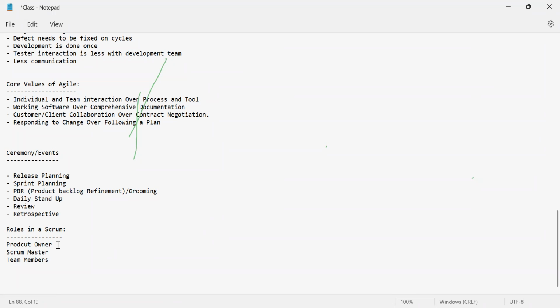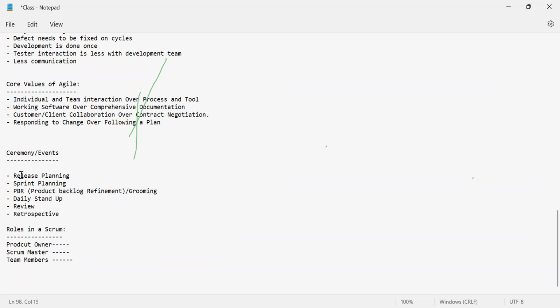So we are good with the product owner responsibilities, right? Now comes the team member and Scrum Master. What does the Scrum Master do?